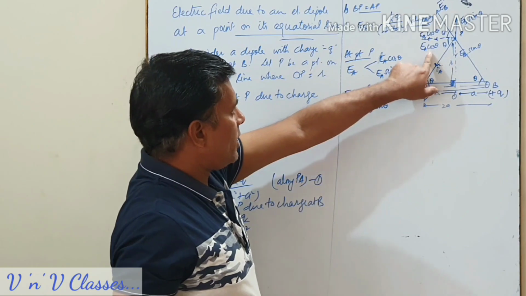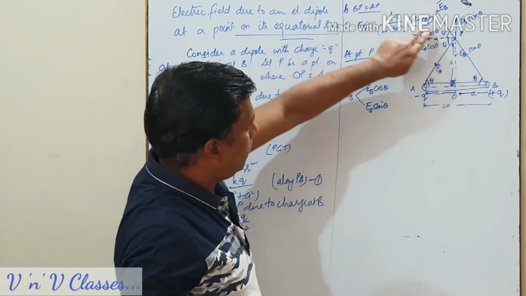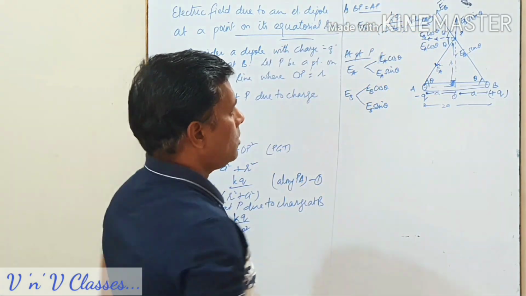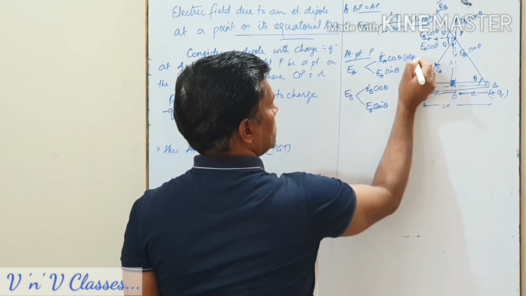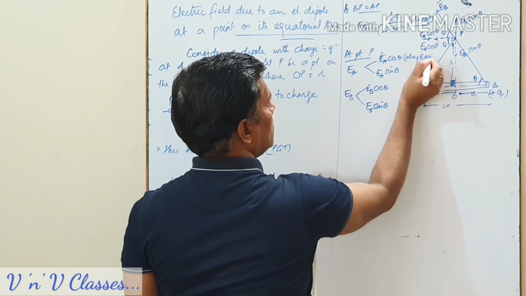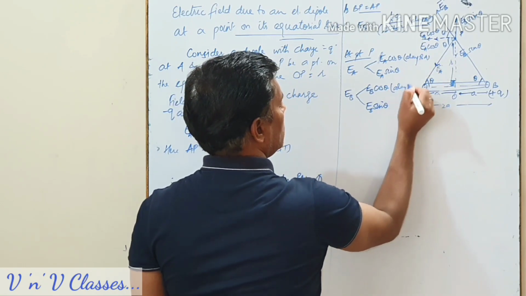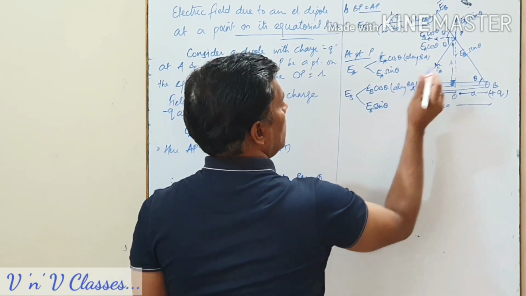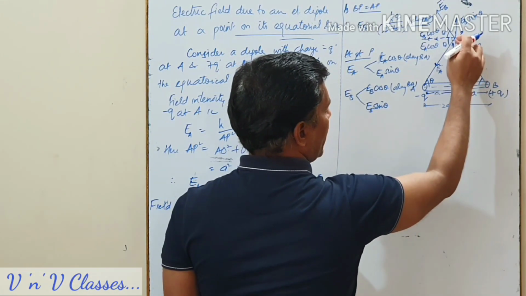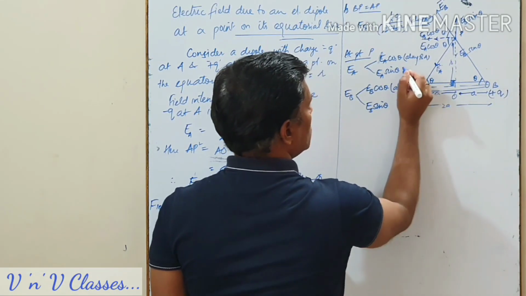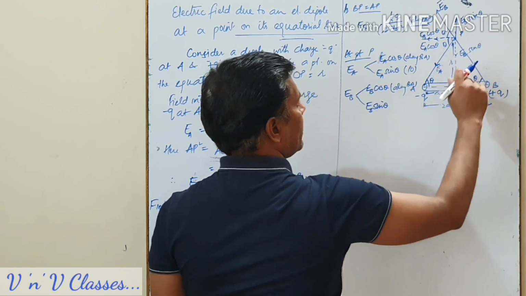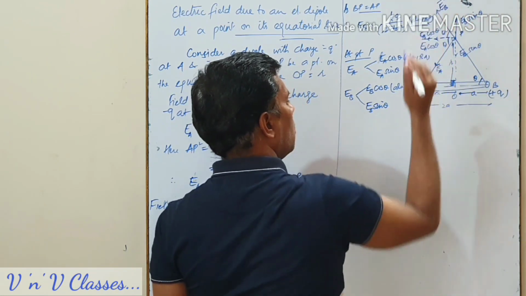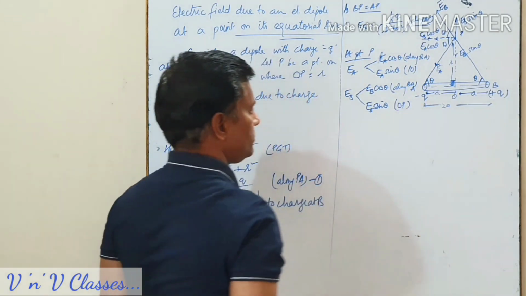Now this EA cos theta and EB cos theta are both along the same direction. We can have this direction as along BA. So this is along BA and this is also along BA. But EA sin theta is directed from P to O, so it is along PO, and this EB sin theta is directed away from P, away from O, so this is along OP.